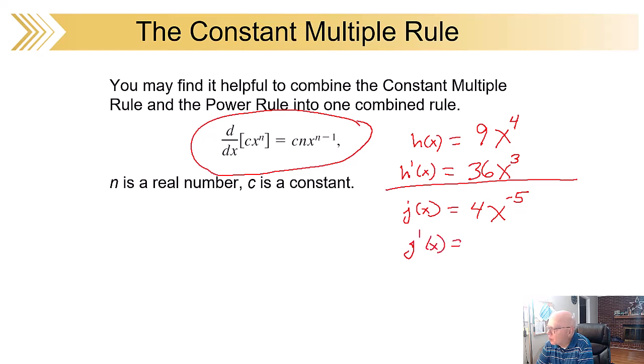Negative 5 times 4 is negative 20. And now don't subtract 1 from that and get a negative 4. Negative 5 minus 1 is negative 6. There's your derivative. And then, of course, we don't write our answers with negative exponents, so your answer will be negative 20 over x to the 6th. That would be the derivative of j of x.